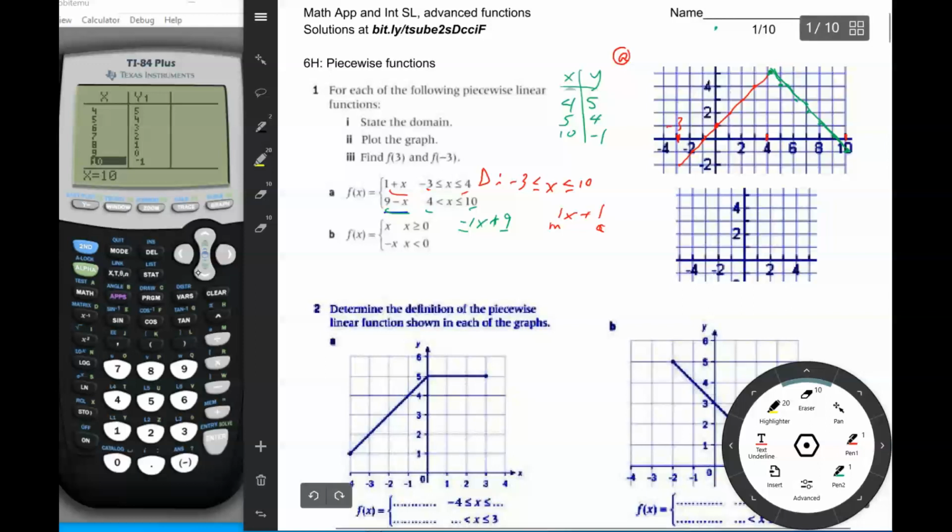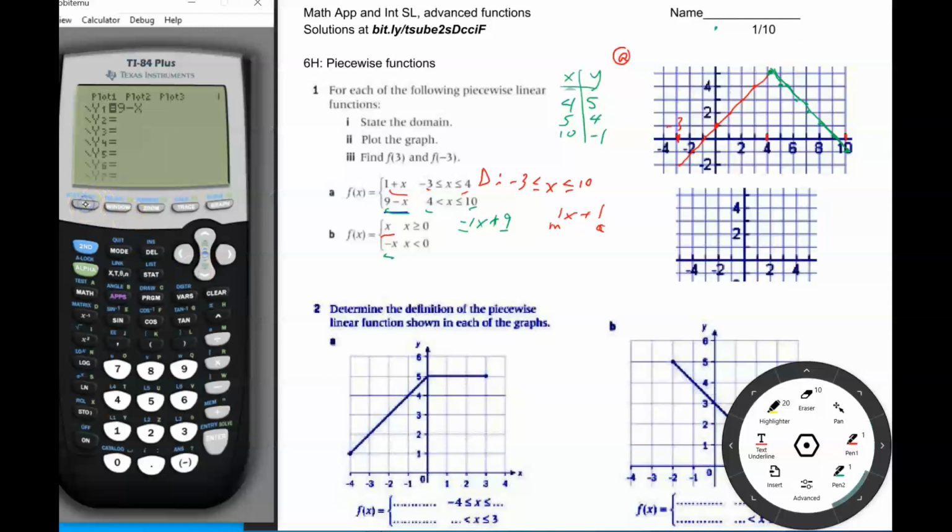Now for the function for b, it defines the function as the line x when x is greater than or equal to 0, and the line -x when x is less than 0. So let's just use the calculator to plot that.